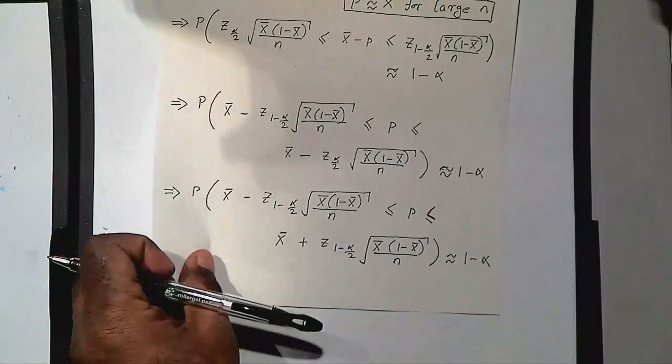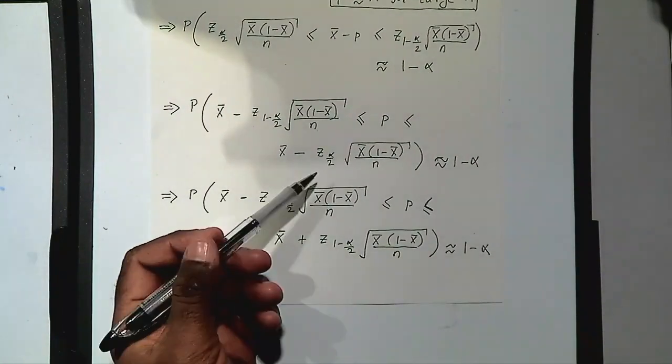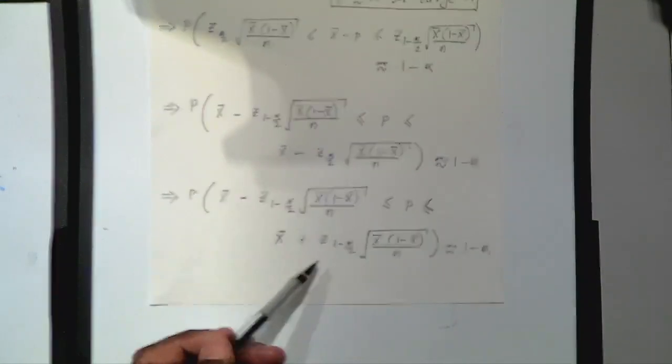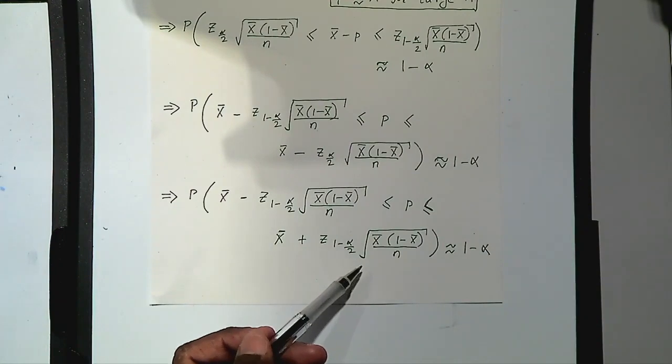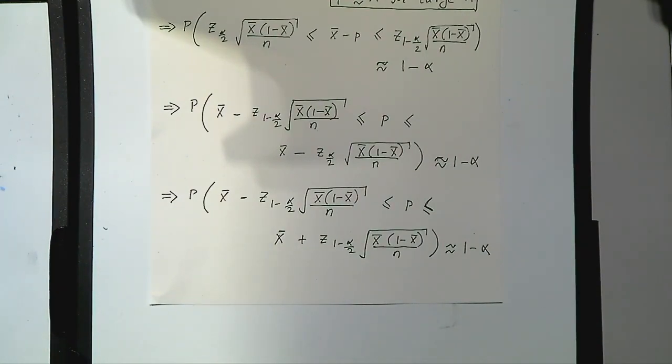Are you with me? So I have replaced minus z alpha by 2 by plus z 1 minus alpha by 2, which we can do because of this fact, right? Okay. Right, and let me put this over here.